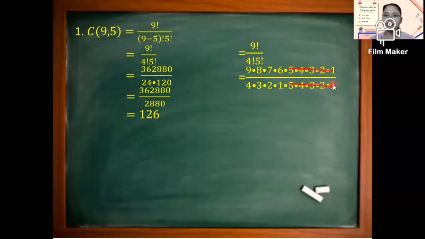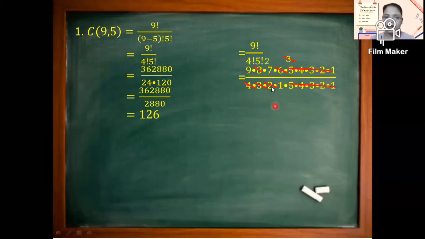Cancel out. Tapos tingin po tayo ng mga numbers na pwedeng i-cancel. Pwede tayo mag-cancel ng 2 at ng 6. 6 divide 2 is 3. Since we have 3 sa numerator, meron pa tayong 3 sa denominator, pwede rin natin i-cancel out yan. Pwede rin tayo mag-cancel ng 4 at ng 8. 8 divide 4 is 2.